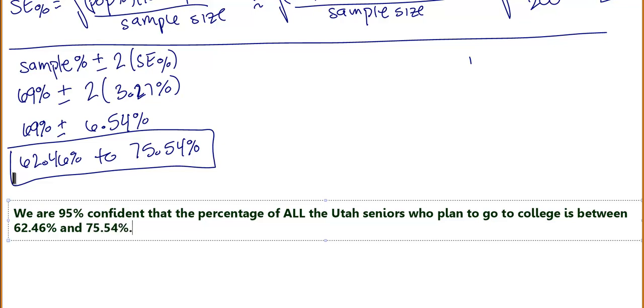So once again, we don't know what the percentage of all the Utah seniors is, but we estimated it as 69%. But we know that we're likely off by a little bit, and so if I go out 2 standard errors, I can now say that I'm 95% confident that the true population percentage is somewhere within this range, between 62 and 75%.